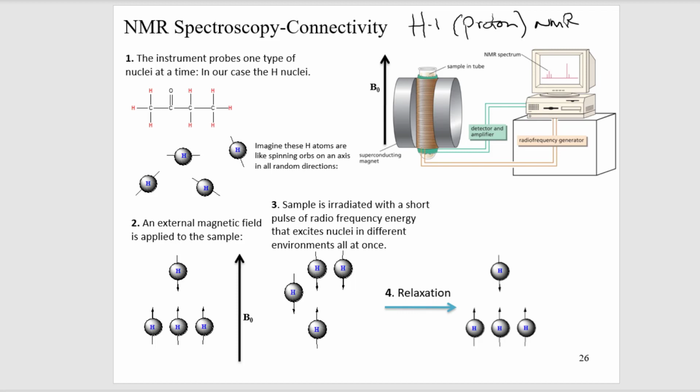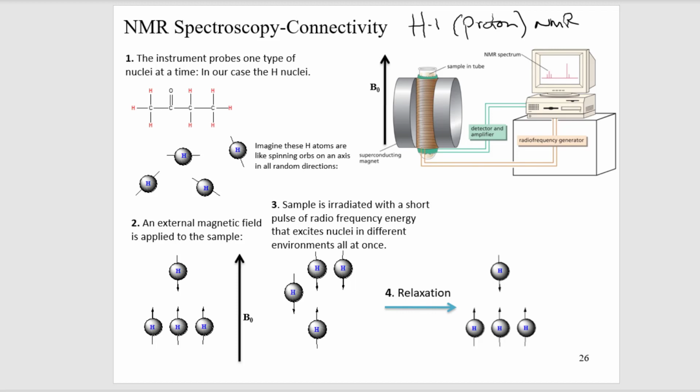It's called tuning it. We're going to tune it to the H1 atom, to the protons of my molecule. So we're going to get the instrument to only talk to us about what it sees relative to the hydrogens, the protons, the H1 atoms on any given molecule that I put into the system.